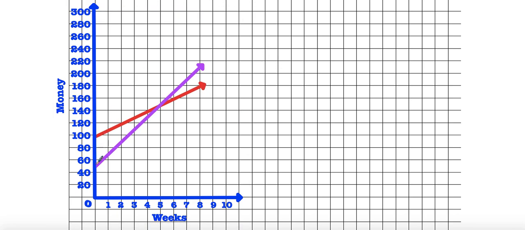And so if you look at the purple line, I have less, I have less, I have less, and then all of a sudden on week 5, our lines intersect over here. And when they intersect, that means at this point, so at 5 weeks, we have saved the same amount of money.